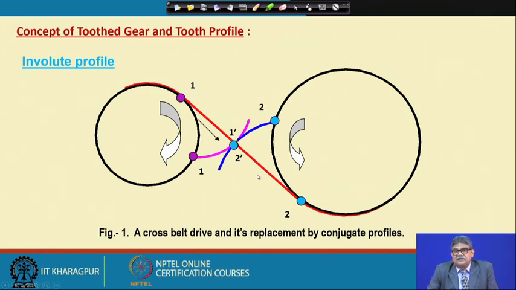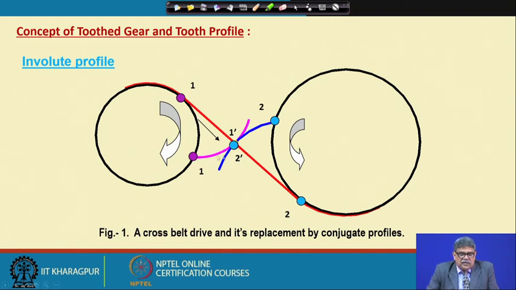This means that this cross belt drive can be replaced by these two drums with these two profiles. So, therefore, we may consider this the first concept of gearing, how we can come to tooth gearing for power transmission.